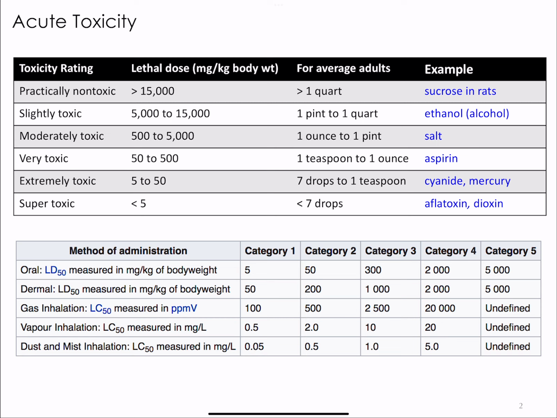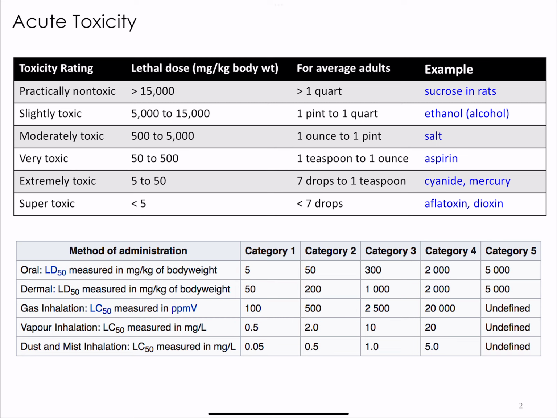So, for example, for oral exposure LD50, the chemical toxicity can be classified from category 1, which is super toxic, all the way to category 5, 5,000 milligram per kilogram body weight.